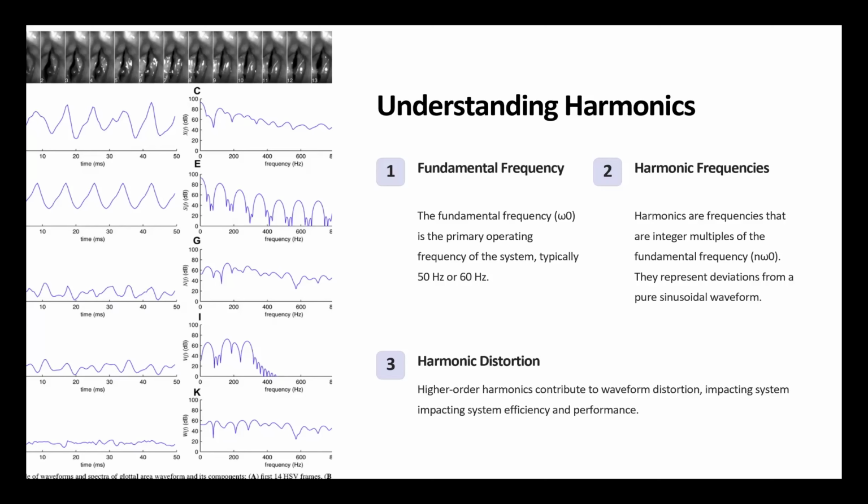But ideally, it's defined as the fundamental omega 0 and n times omega 0, where n changes from 2 to infinity. Those other sinusoids we call harmonics. The harmonic distortion is all of those harmonics together. It's not just one harmonic or one specific frequency, but all of them together. Whatever we have beside the fundamental frequency is distortion.